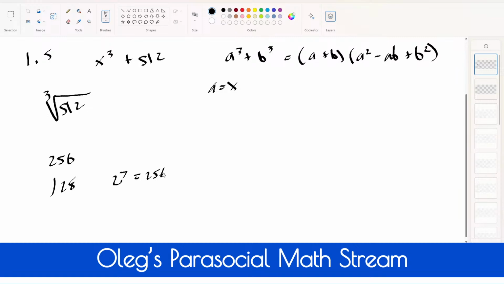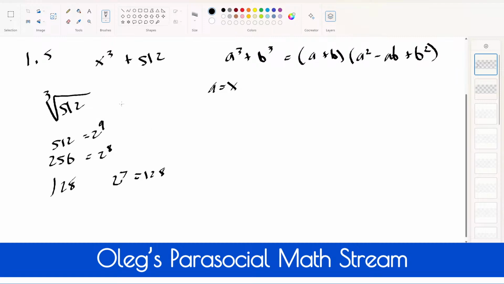I believe that's right. Actually, no, I was right the first time. 2 to the 7th is 128, and 256 is 2 to the 8th, and 512 is 2 to the 9th. Okay? So then that means there's 9.